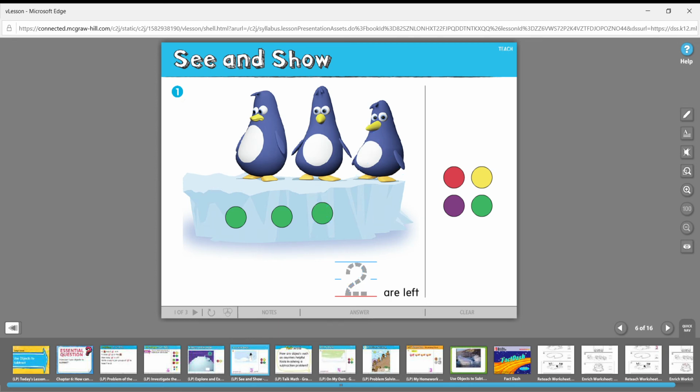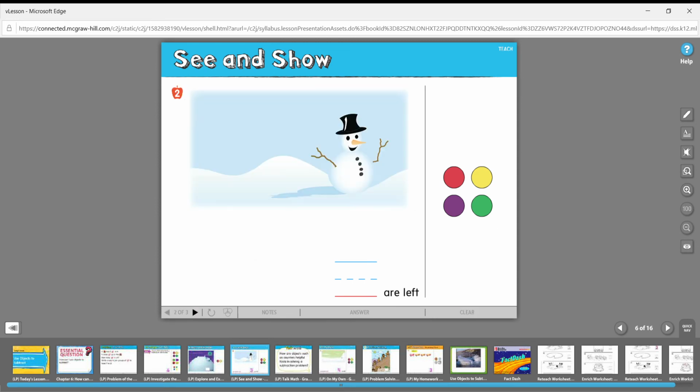You are going to go through the problems on this page, and you are going to listen to mommy or daddy read the question that goes along with the problem, and then you are going to show it in the picture. So show it in the picture, and then you are going to write how many. So for this one, it says, use the counters to model subtraction. 6 snowflakes fell from the sky.